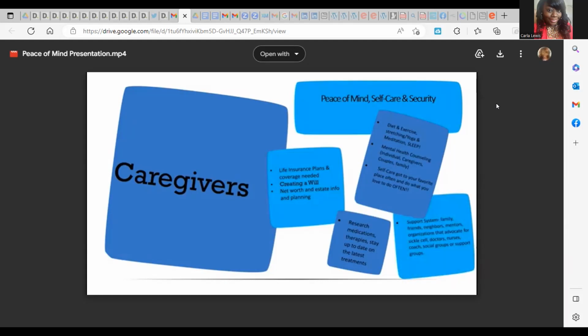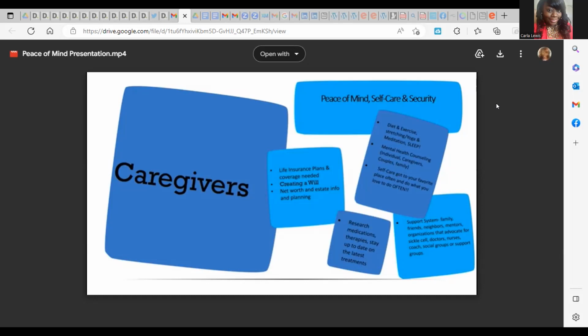And last on this slide, we want to talk about support system. Again, family, friends, neighbors, mentors, organizations that can advocate for sickle cell, doctors, nurses, coaches, social groups or support groups, and of course, church.